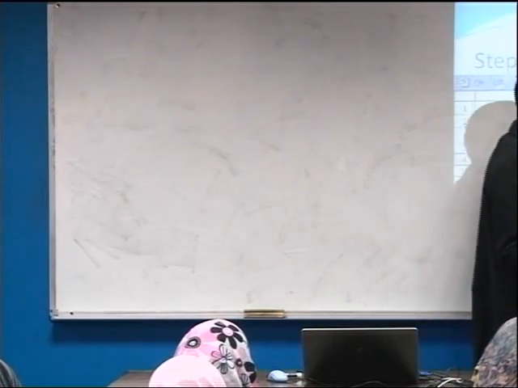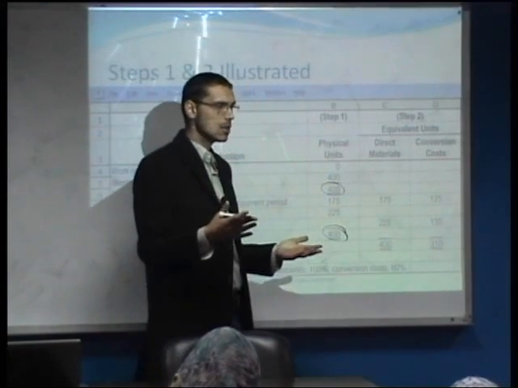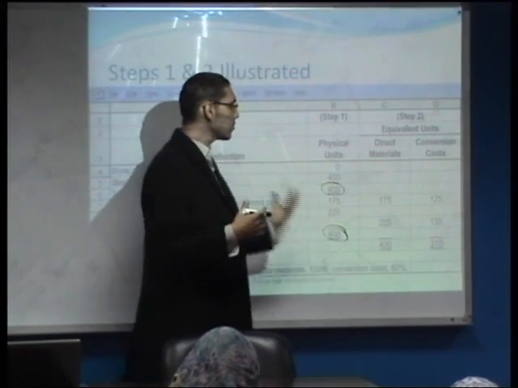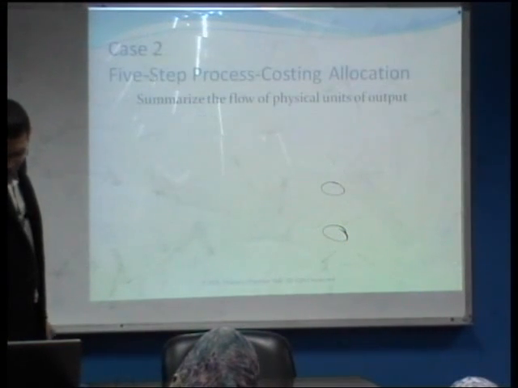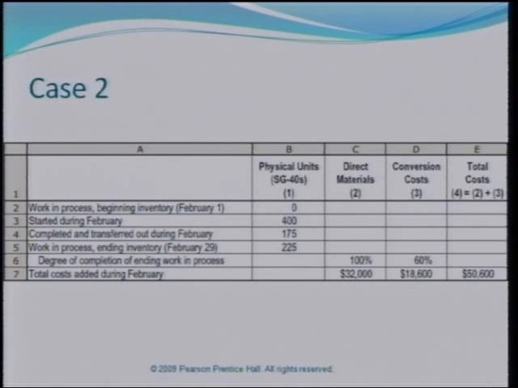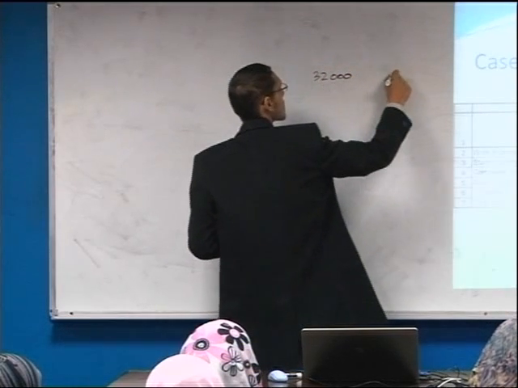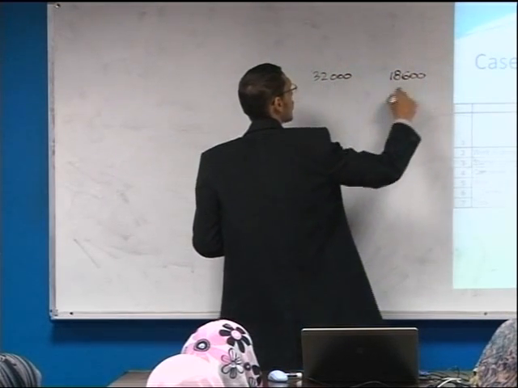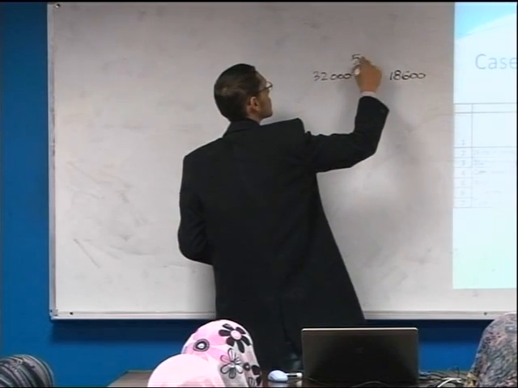Therefore, if we would not do the 5-step procedure, we would divide the costs, which were 32,000 and 18,600, with a total of 50,600.